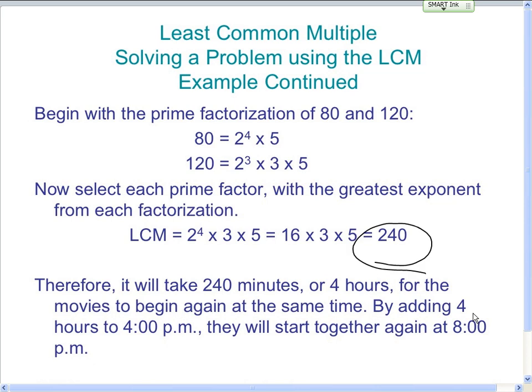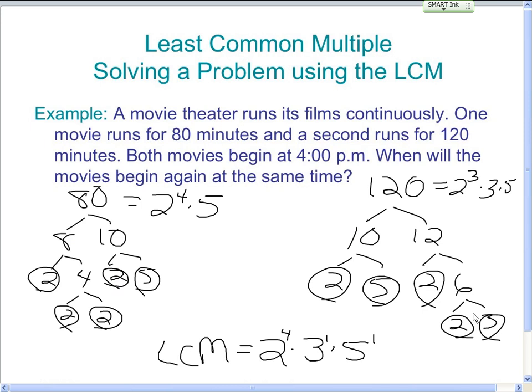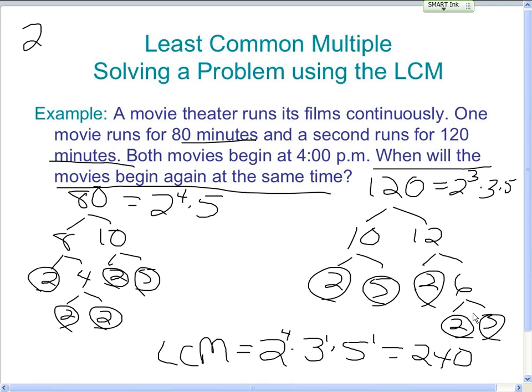240. Now, guys, the answer is not 240. The question is, when will the movies begin again at the same time? So when you're doing these, make sure you read the question and answer the question. 240, that's 240 minutes, because what we're doing is in minutes. So we need to figure out how many hours that is.